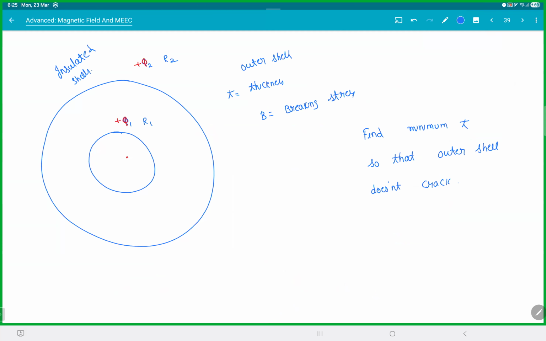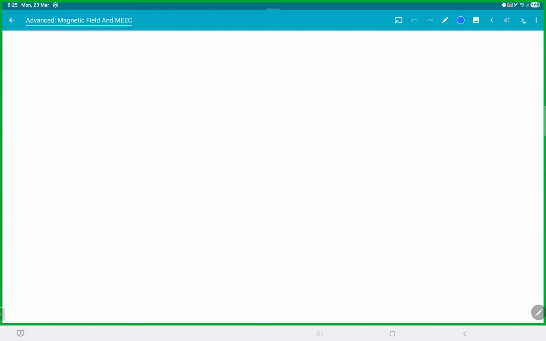I know what you're saying. If it had been conductors, then it would have been, but no, that's not the case. That would have actually made your life easy. Why? This is Q1 minus Q1, so shielding effect, field lines won't come out. Then you're simply solving a question where the charge is Q1 plus Q2. These are insulated shells, so you don't have an issue there. All clear with this?